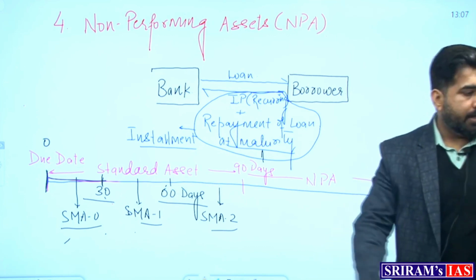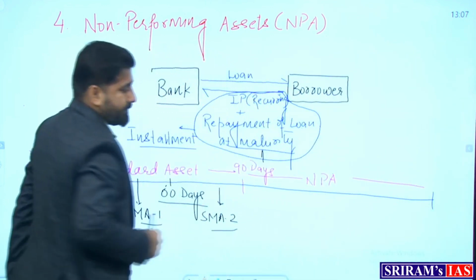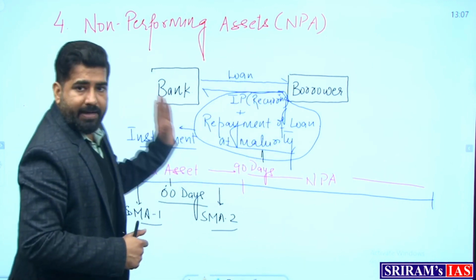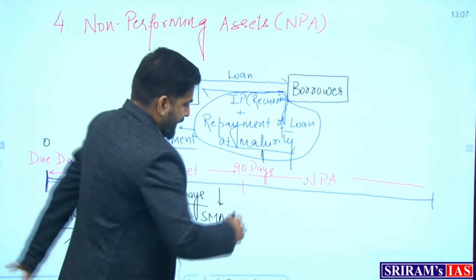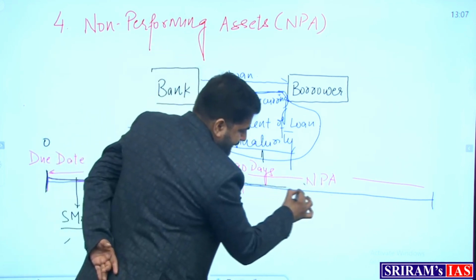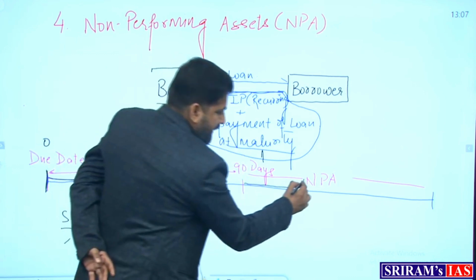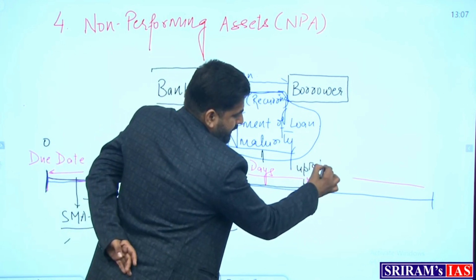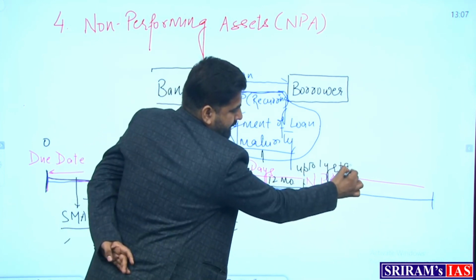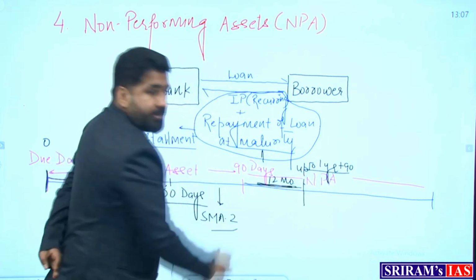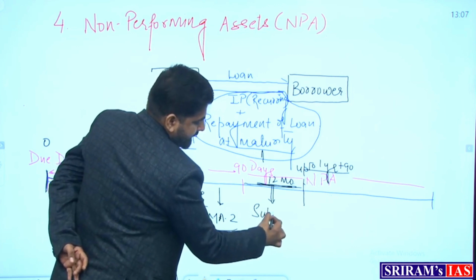Clear? Now, let us move this side. An asset was standard, but once the installment remained overdue for a period of 90 days, it has become NPA. Now, if the asset which has been NPA has remained NPA up to 1 year, that means this period is 12 months, up to 1 year plus 90 days total, it is classified as a substandard asset.